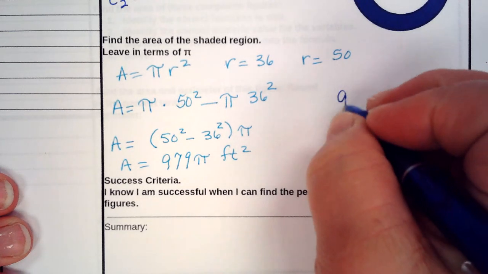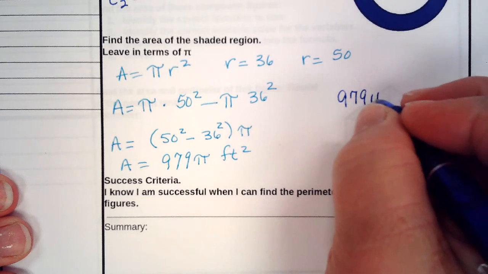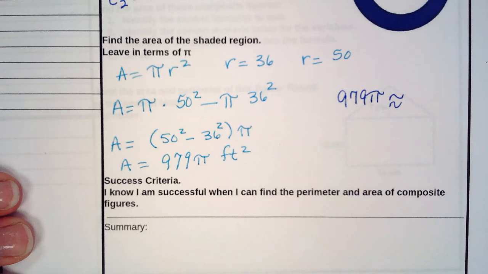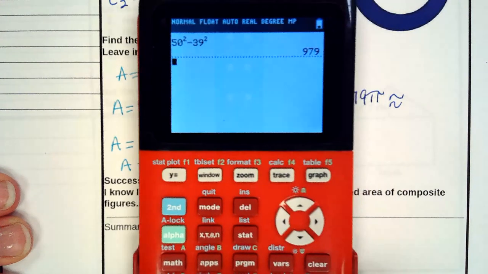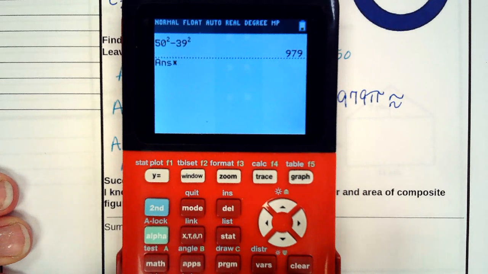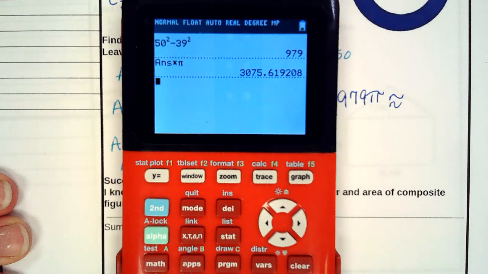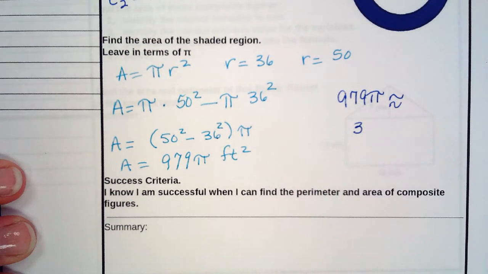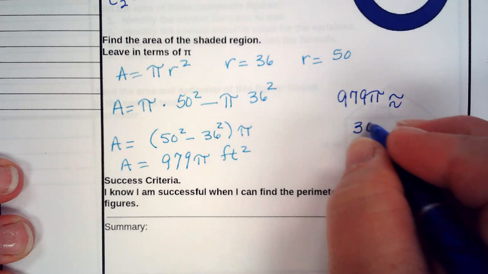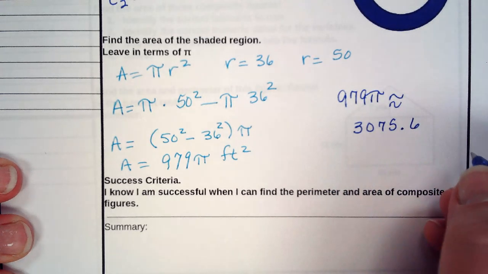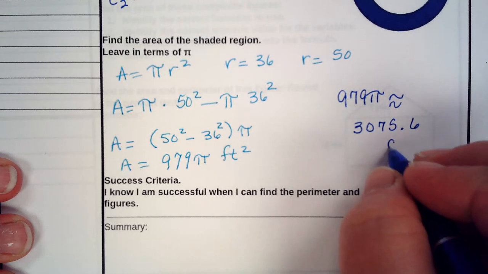So in the calculator, 979 pi is about, okay, I've got the 979 in there, hit multiplied by, and then get your pi symbol. 3075.6. And that would be feet squared.